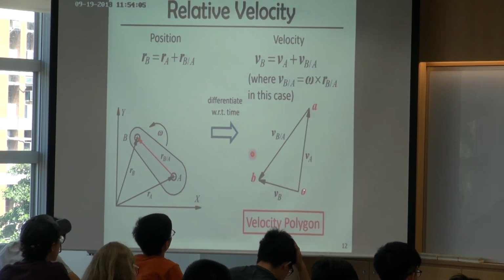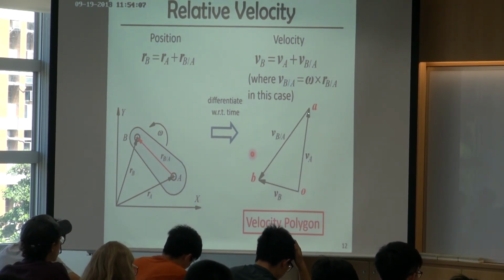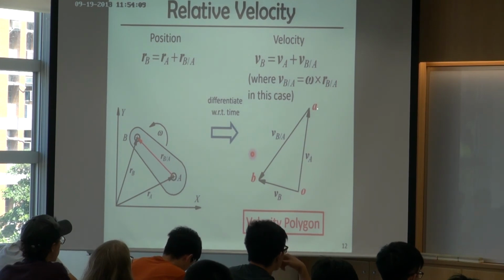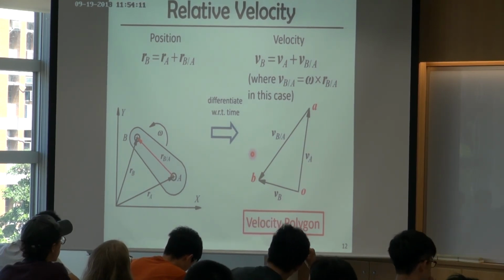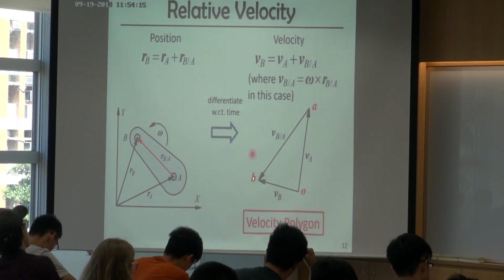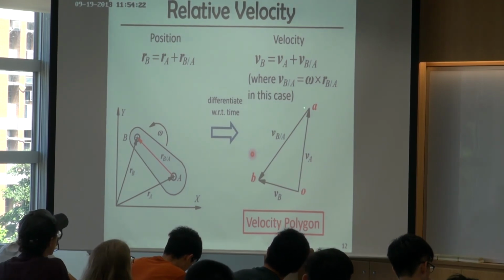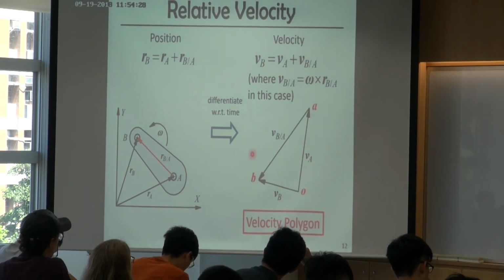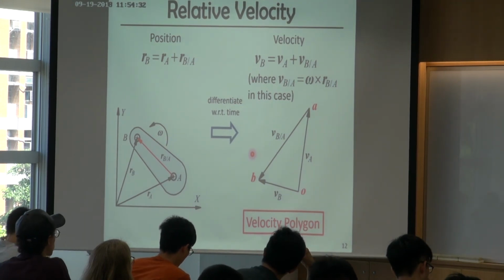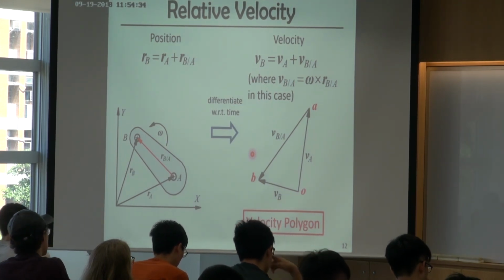The end of this arrow we label with A. And for this one, because it's pointing from O to B, we put a B here. And VBA is pointing from A to B. Those labels help us figure out the direction.